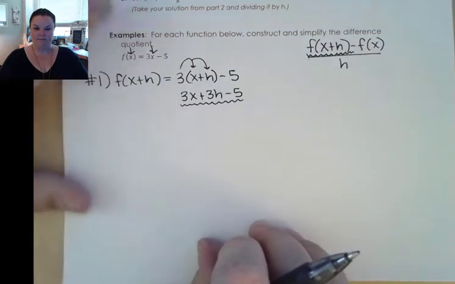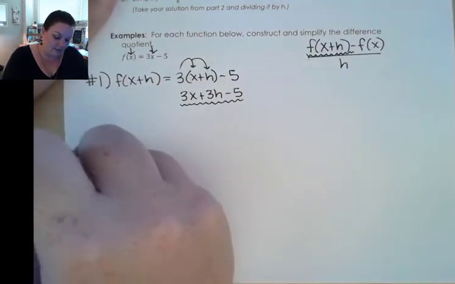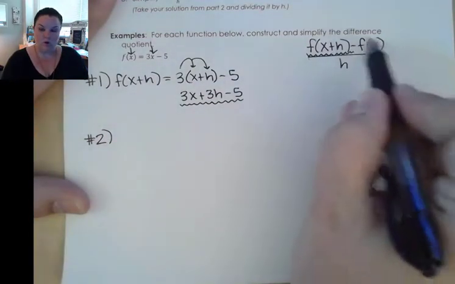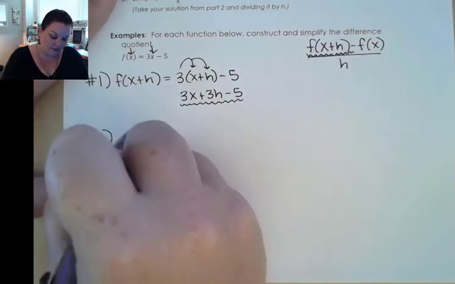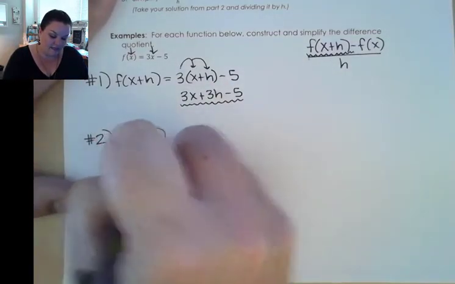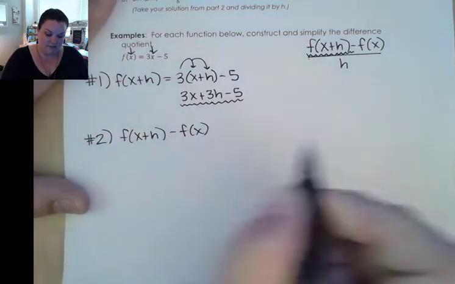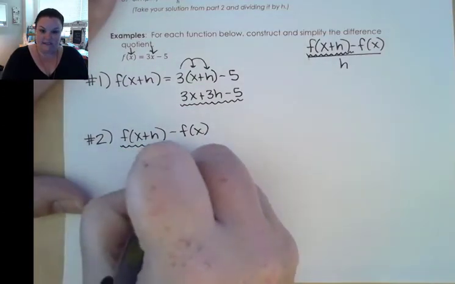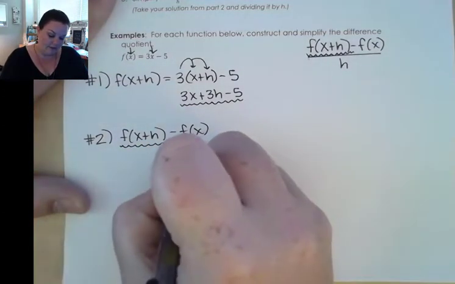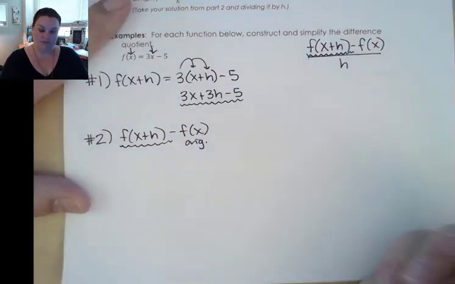That was step 1. Now step 2 says we need to go ahead and finish out simplifying this whole top piece of the fraction. So f of x plus h minus f of x, which is the piece we just did in step 1, right? And this is my original function.